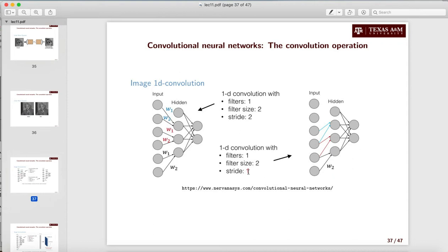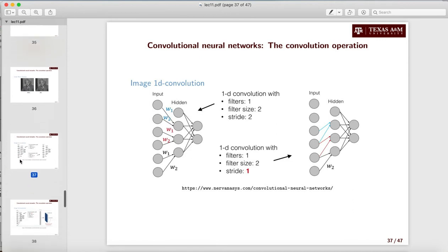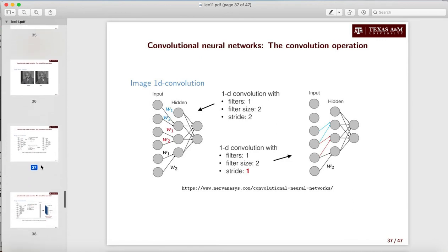So instead of an overlap of 0, we would have an overlap of 1. In this case, these two inputs are guided to the first hidden unit, but then the second input combined with the third is also guided to the second hidden unit. So there is an overlap between this second input to the first and to the second hidden unit as well. So this was the example of a 1D convolution.